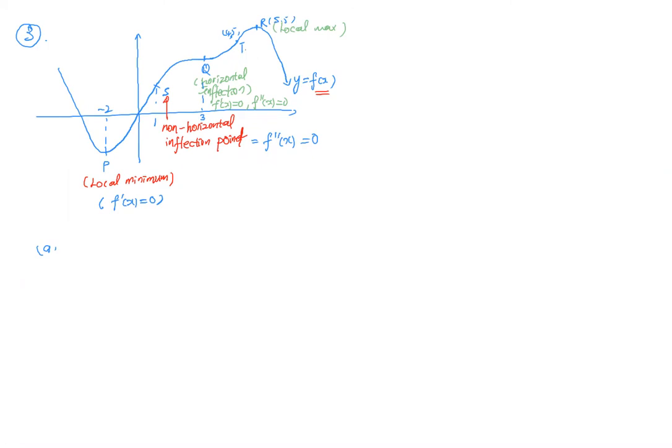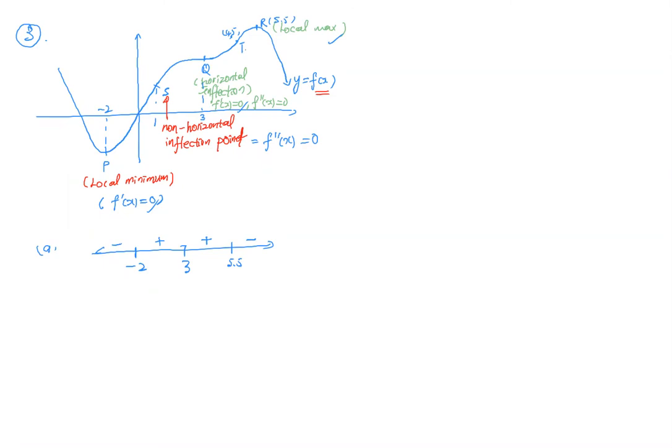To draw the sign diagram for f prime x, as long as f prime x equal to 0, you have to mark down all the points. So you have to mark down -2, 3, and 5.5. The graph is going down, you put negative, going up positive, going up positive, going down negative. Okay?